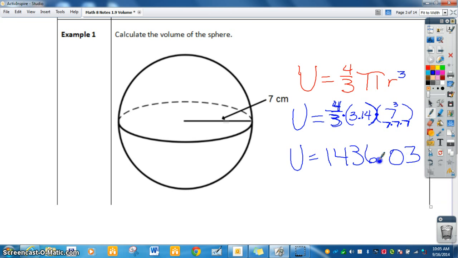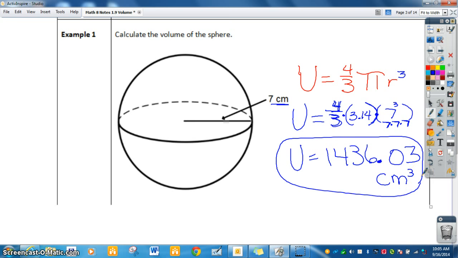And 3/100ths. Am I done? Label. And what is my label? Centimeters cubed. That is my final answer. Questions? All right, let's do the next one.